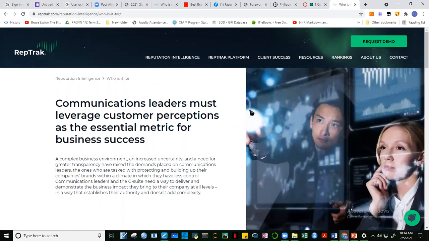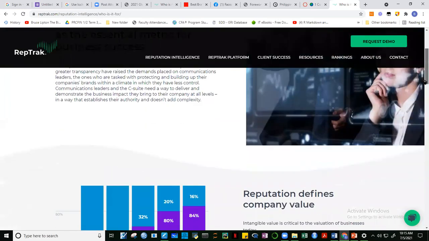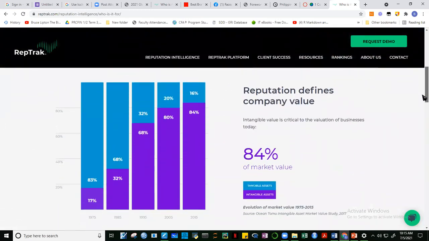This is for communication leaders. No? Importante, kailangan ipaangat yung customer perception as the essential metric for business success. So ito ang sinasabi niya, in order for a company to succeed, kailangan maganda yung customer perception. And kailangan yan, kino-communicate ng firm to their customers.